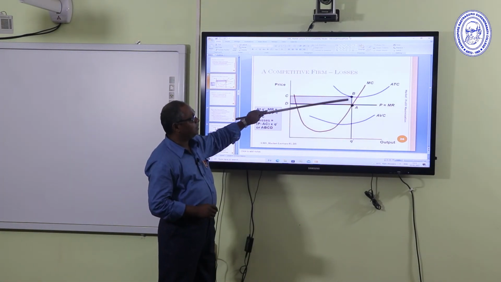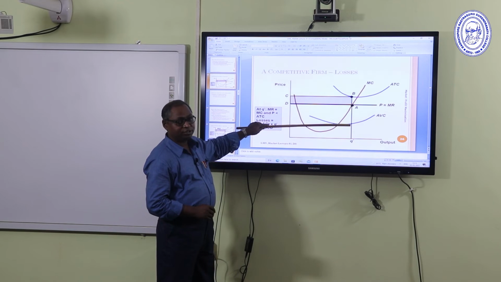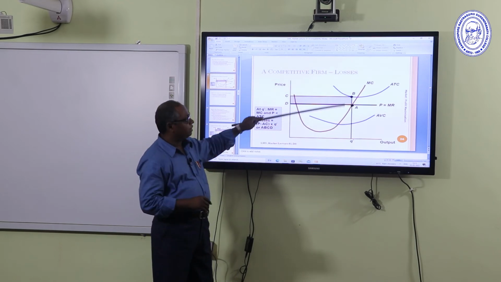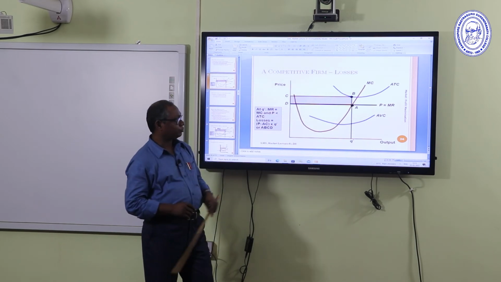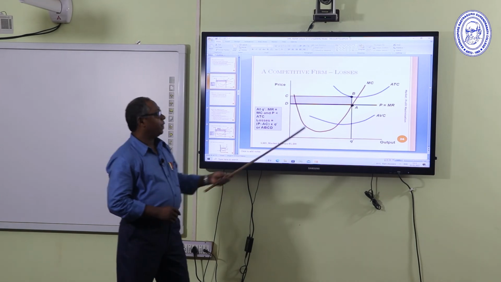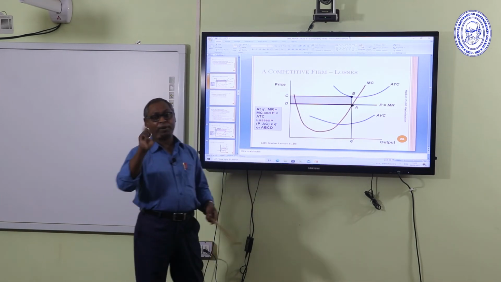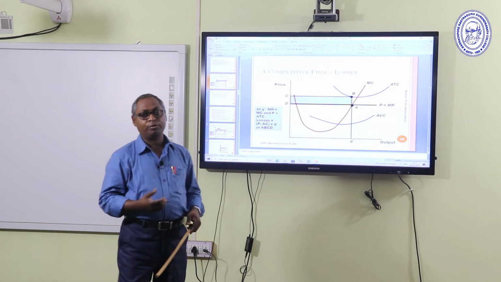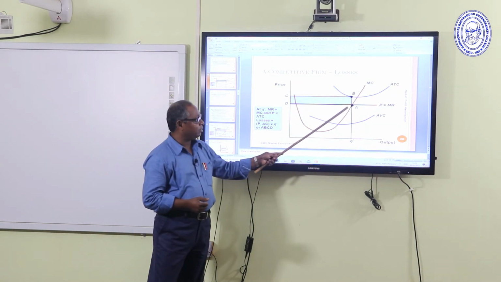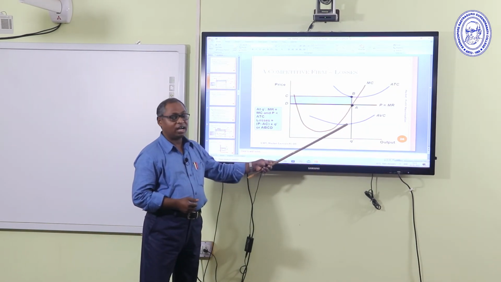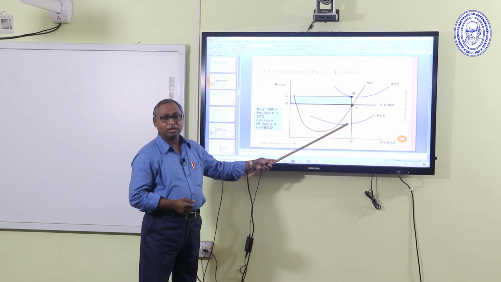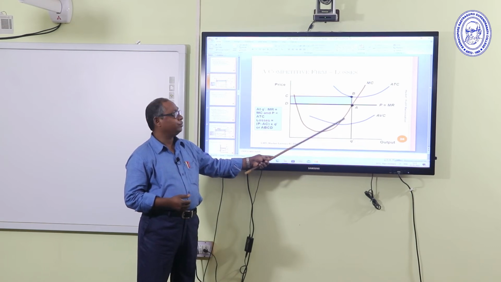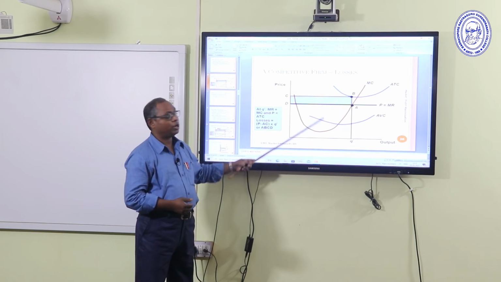And the second part is the gap between AC and AVC, which is the average fixed cost. This has two parts. One is A to B, which the firm cannot recover or earn from the production. But the residual part of the average fixed cost can be earned by the firm if the firm continues production.